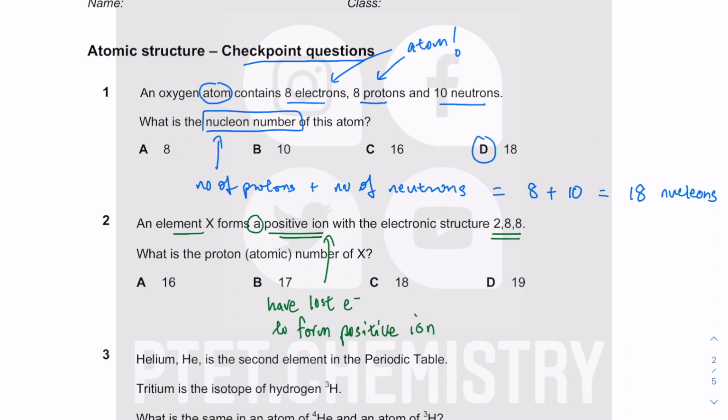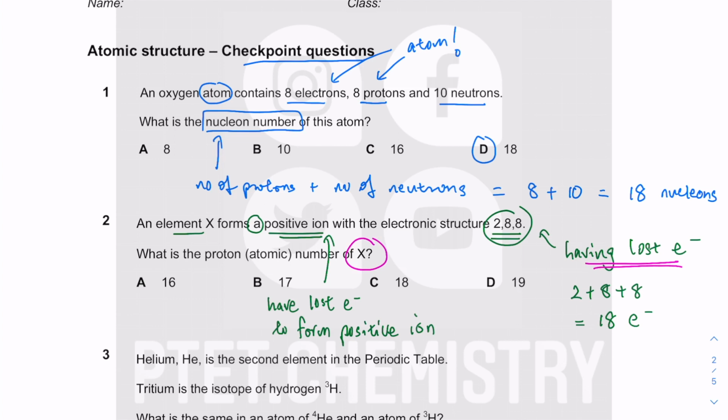All right. So 2,8,8 is having lost electrons. So 2 plus 8 plus 8 is equal to 18 electrons, and that is a result of you having lost the electrons. So what is the proton number, the atomic number, of X?